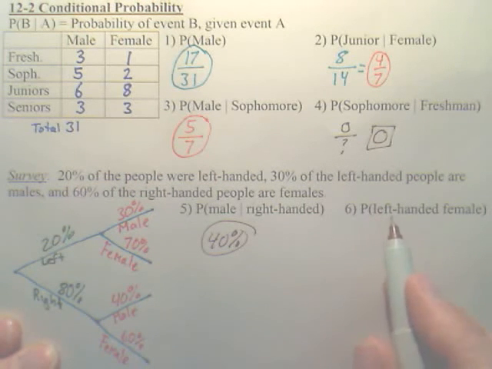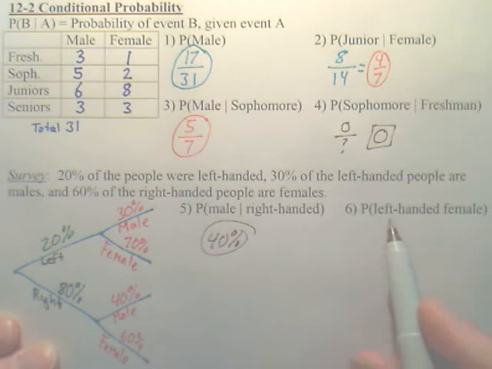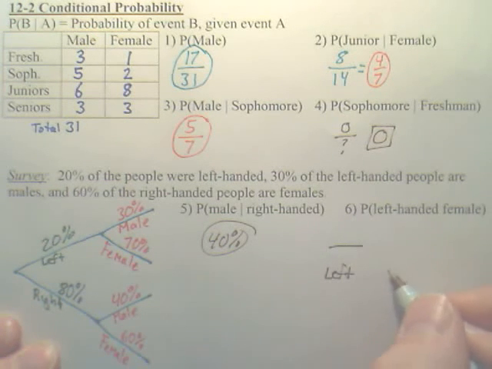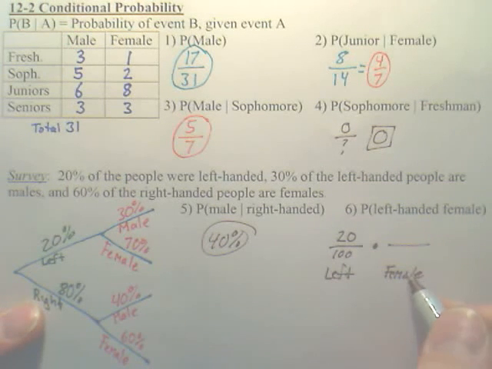Now number 6 is a little bit different. The probability of a left-handed female. Now, that's not a conditional statement. Left-handed female means it's a person who is left-handed and female. Correct? Again, it means it's left-handed and it's female. What does and mean? Multiply. So, what's the probability of left-handed? 20%. And what's the probability of female?